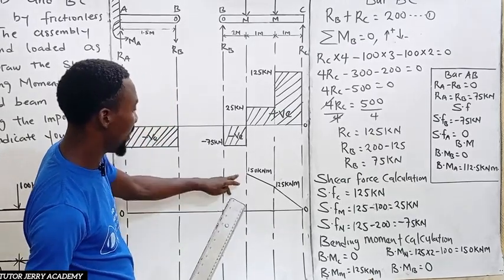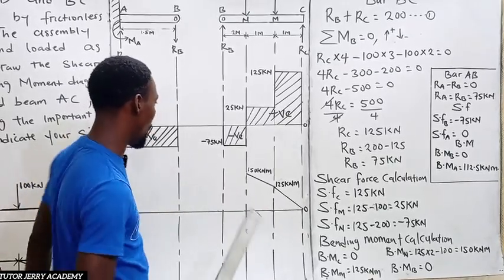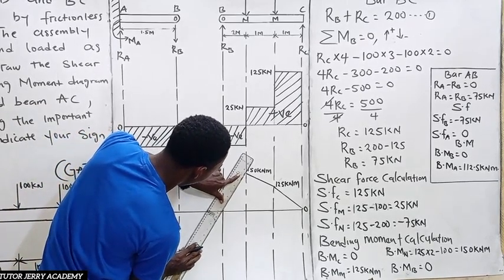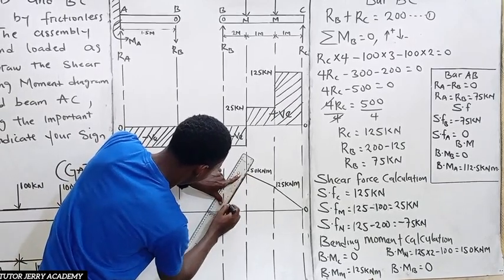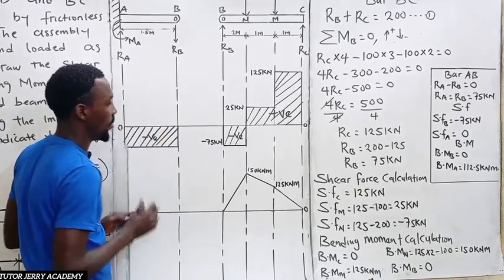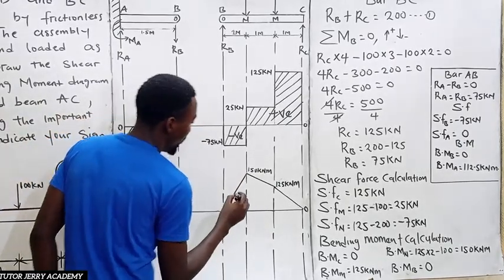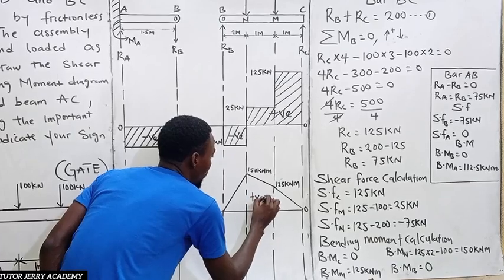That is point N. So at point B now is what? 0. So it means this place comes back to 0. So now here is our positive side.